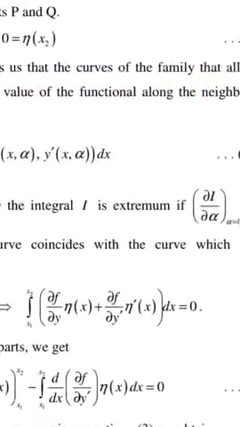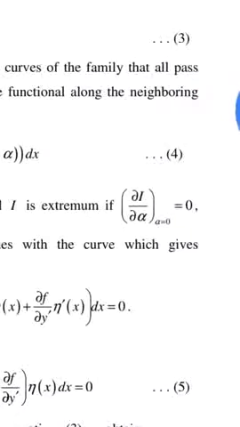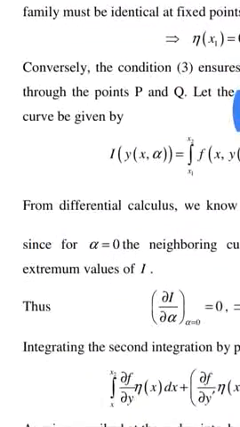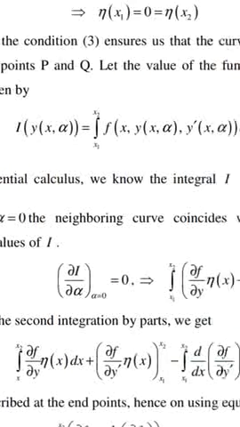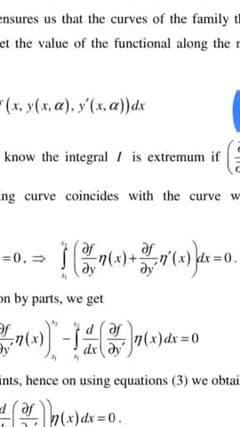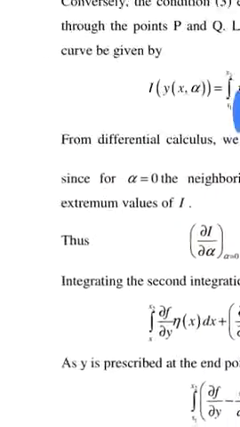Let the value of the functional along the neighboring curve be given by I of y of x, alpha is equal to the integral from x1 to x2 of f of x, y of x alpha, y dash of x alpha dx.